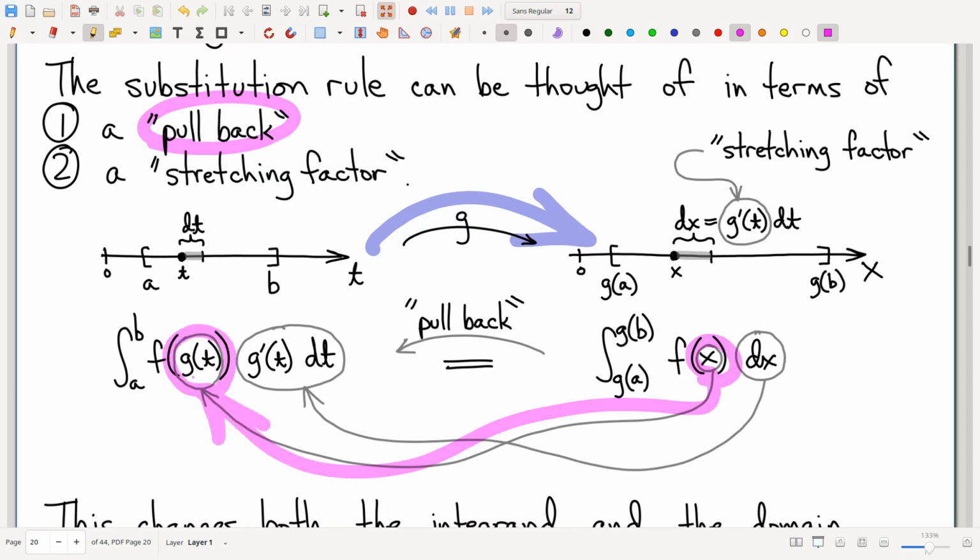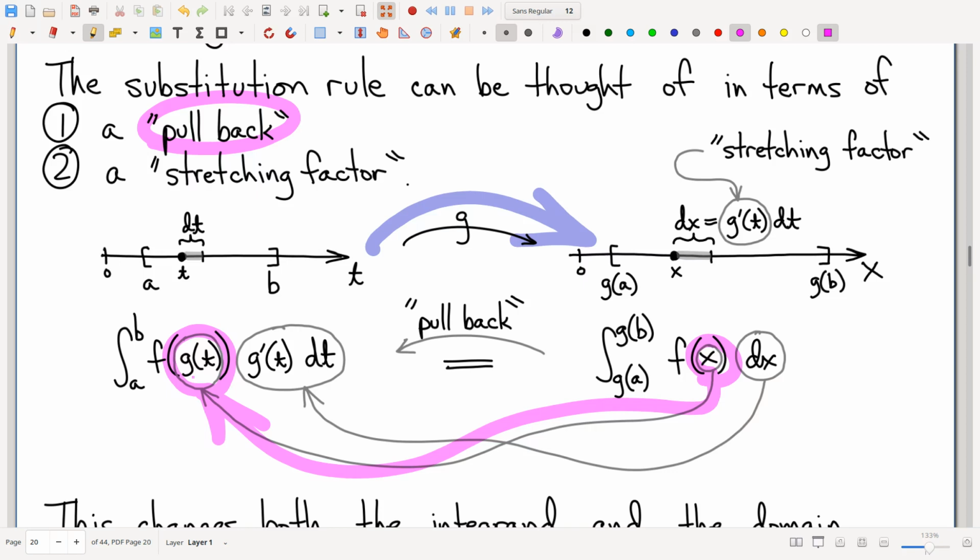And in the act of plugging that in, where I see x's here, an expression involving x goes the other direction to turn into an expression involving t's, which is strange because the function goes that way. But really, better way to say it, the function pushes points forward and it pulls expressions backwards. That's just what plugging in is.